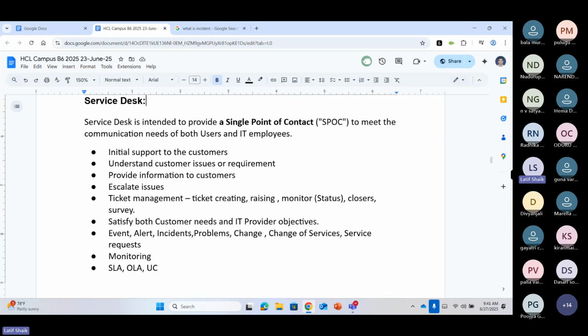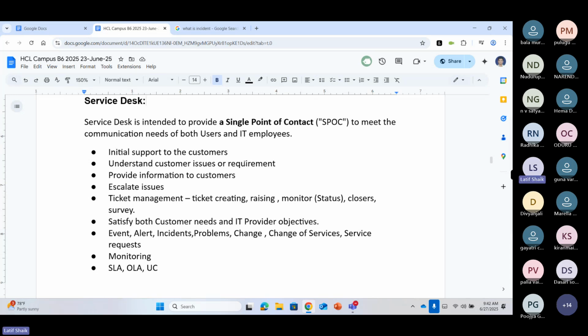Satisfy both customer needs and IT provider objectives. What is the IT provider's objective? The service provider's objective is to provide a service to the customers continuously, without failure. You have to provide services and support the customer when required.